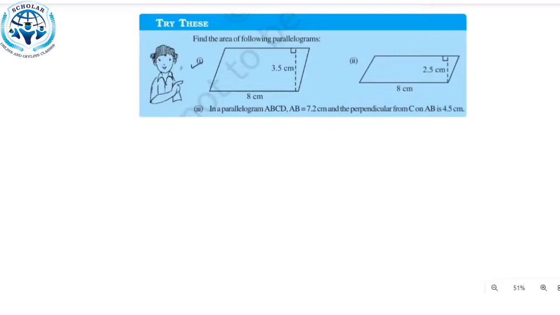First of all, we will try these. In the first one, we have to find out the area of the parallelogram. The height and base are given. We know that the area of the parallelogram is equal to base into height. The measurements are given. We will put these figures in the formula.